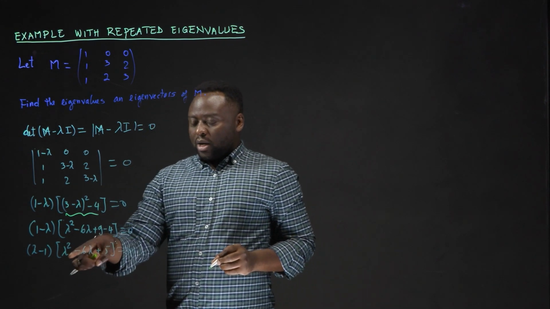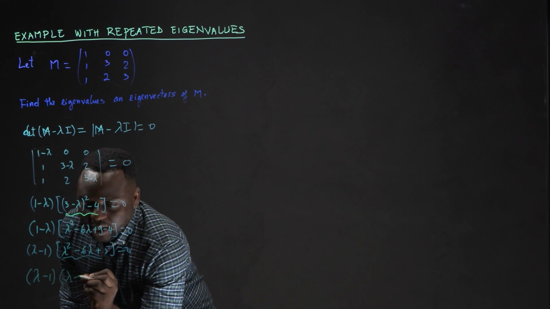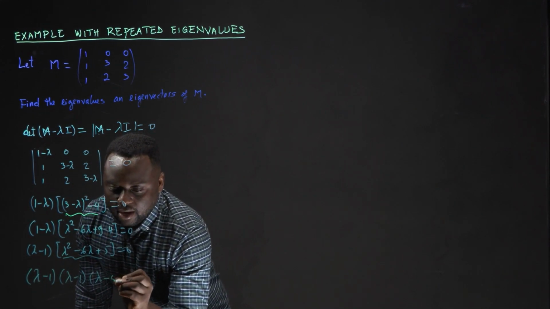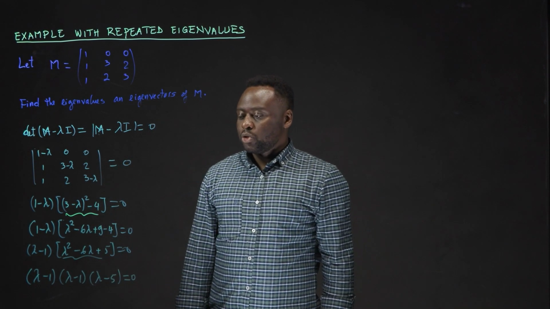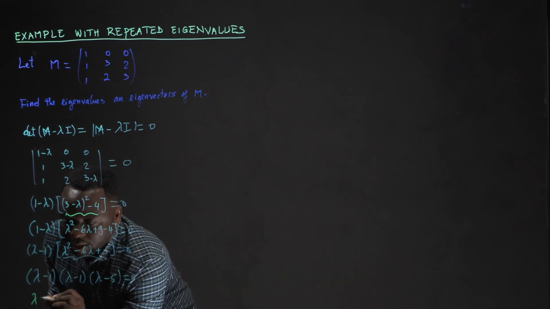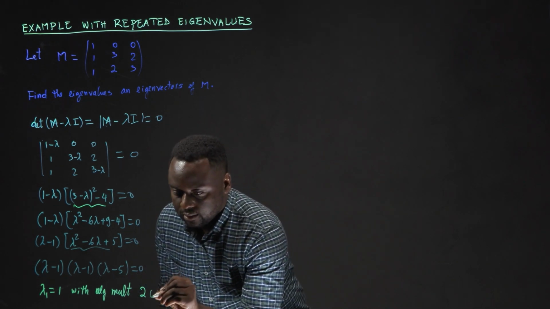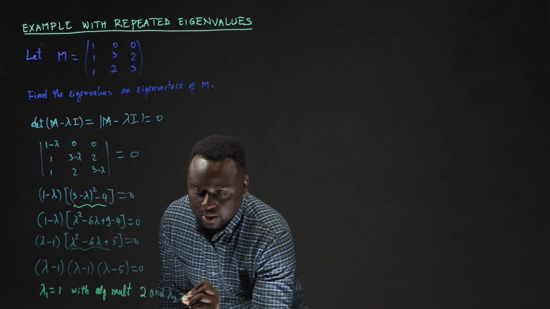Lambda equal 1 is a solution: (lambda minus 1)(lambda minus 1)(lambda minus 5) is equal to 0. So from here, we obtain the two eigenvalues. Lambda 1 equal 1 is the first eigenvalue, and lambda 2 is equal to 5.